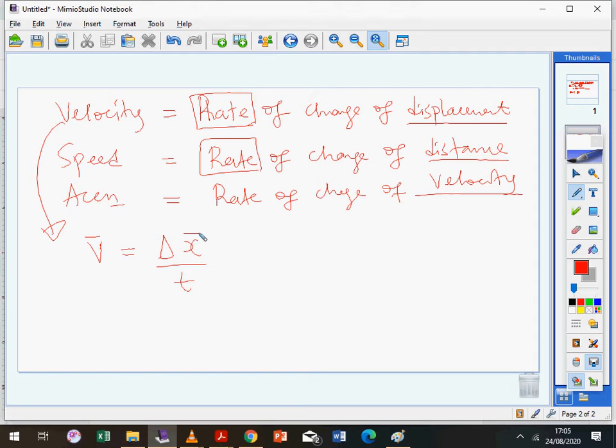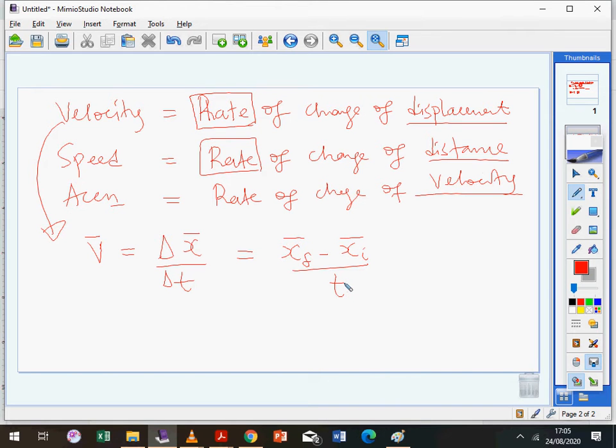If I wanted to write this out in more specific terms, it would be final position or final displacement minus initial displacement divided by, again, it would have been change in time, but remember we said that if the initial time is always 0, then the change in time would simply be the final time, which in this case will just be t.